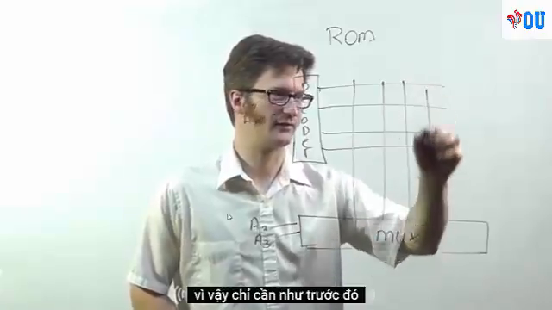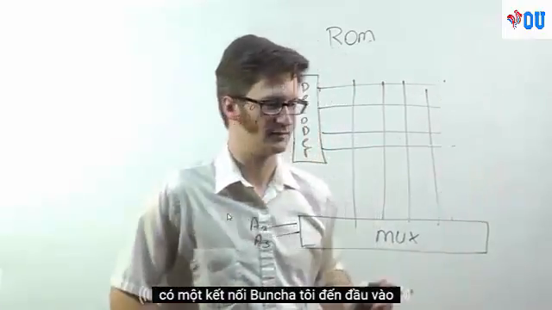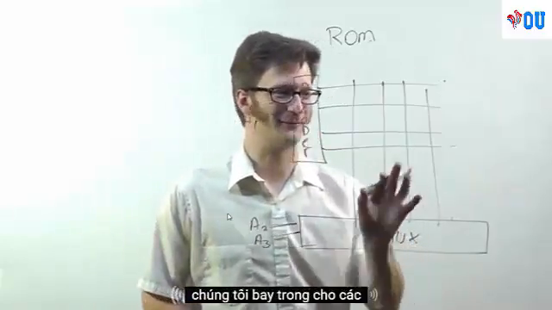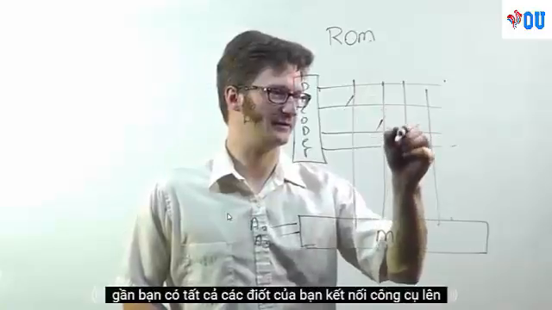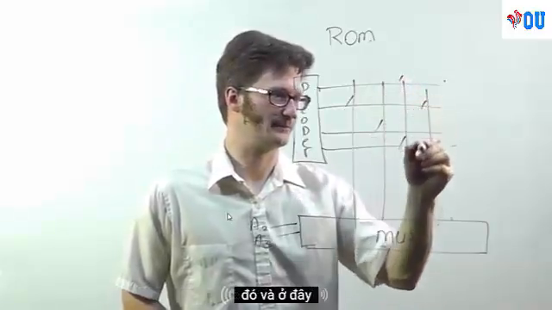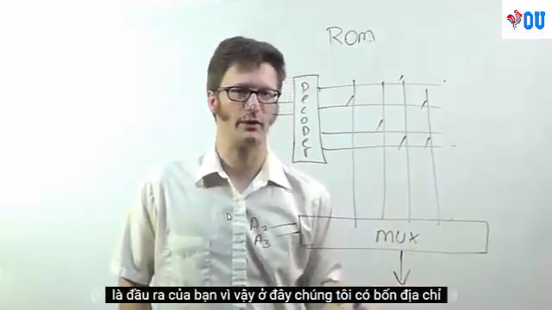And so, just like the previous one, there's a bunch of connections. It's only 2 inputs, so we can only have 4 of these. And anyway, you have your diodes connecting stuff up like that. And here is your output.